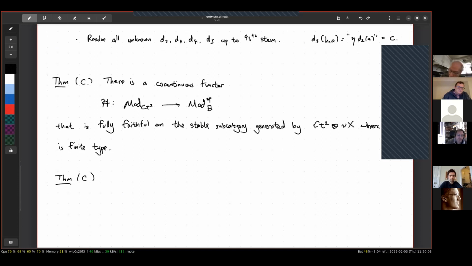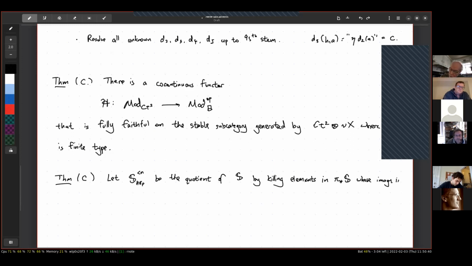So there's a theorem. This is a bit funny to state, but I'll define this object. Less than n: this is the quotient of the sphere by killing elements in pi star S whose image in the Adams spectral sequence has tau at least n.